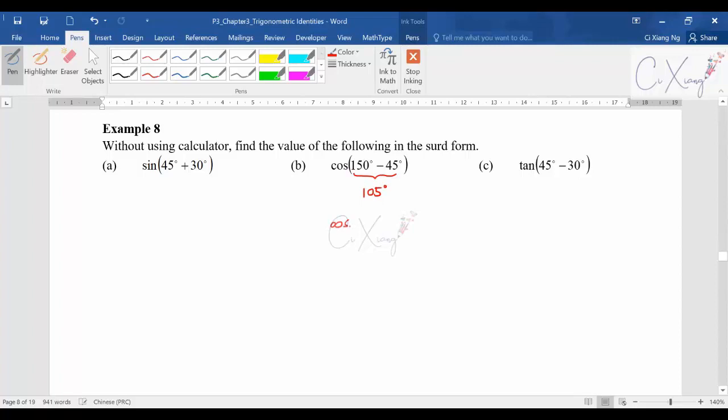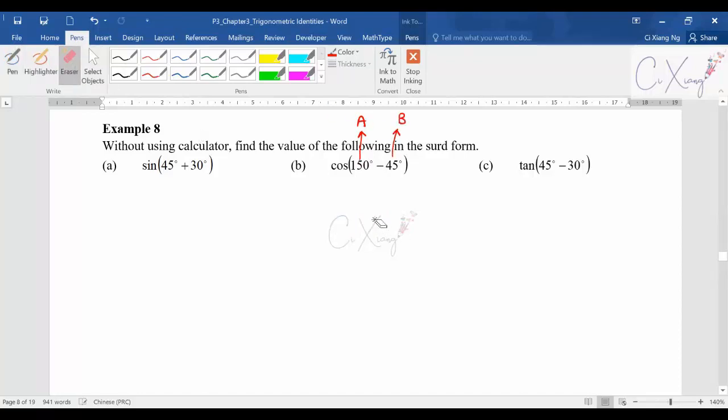Without using a calculator, can you get the value for cos 105? It is not easy. So you can change the 105 into 150 minus 45. The 150 is like your A, and the 45 is like your B.